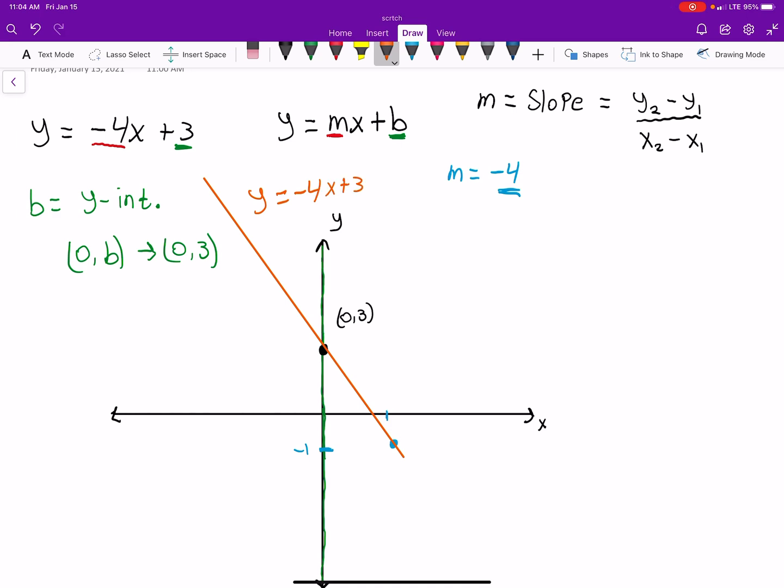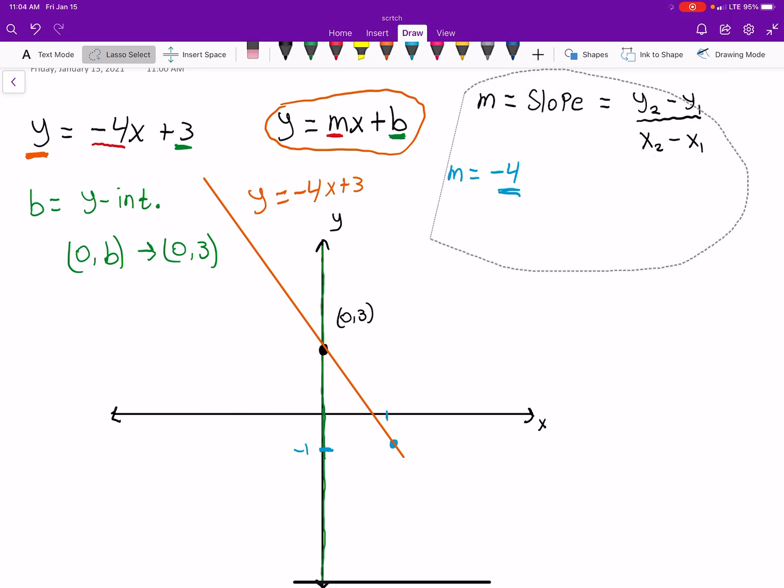So again, just to talk about it, because our y is isolated, it's in this general form. Okay? And can I change this color? Try to make it red. There we go.